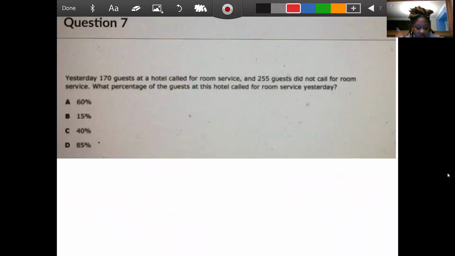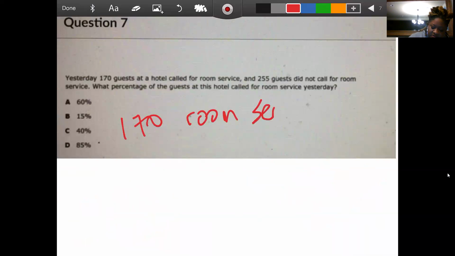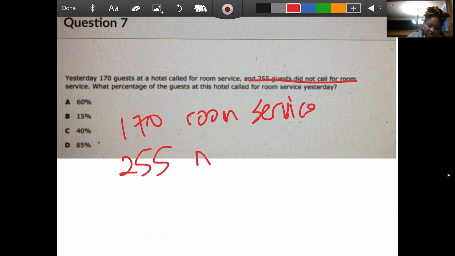All right, number 7. Yesterday, 170 guests at a hotel called for room service. So 170 guests, room service, okay? And 255 guests did not call for room service. So that's no room service.